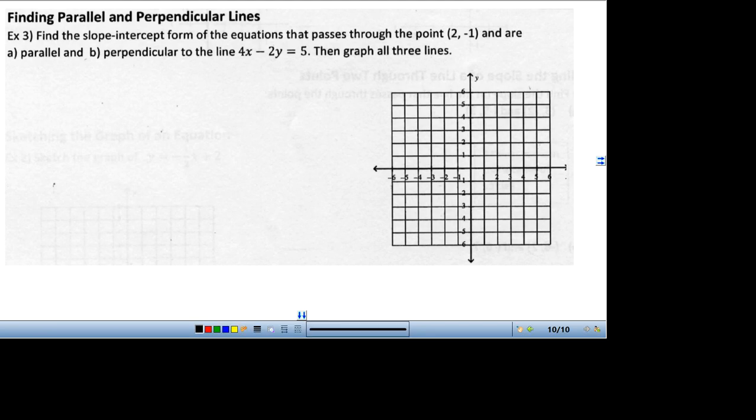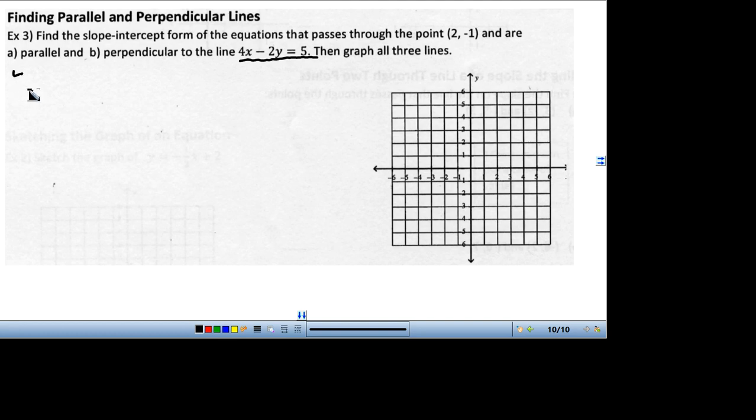Last one I got. Find the slope-intercept form of the equations that pass through point 2, negative 1 and are A, parallel, and B, perpendicular to the line. Oh yeah, then graph all 3 lines. So the first thing we're going to do is switch it to slope-intercept form. So basically solve for y.